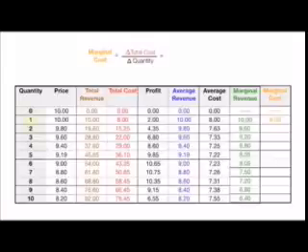If quantity goes from 1 to 2 units, cost goes from 8 to 15.25. So I go 15.25 minus 8, divided by 2 minus 1.